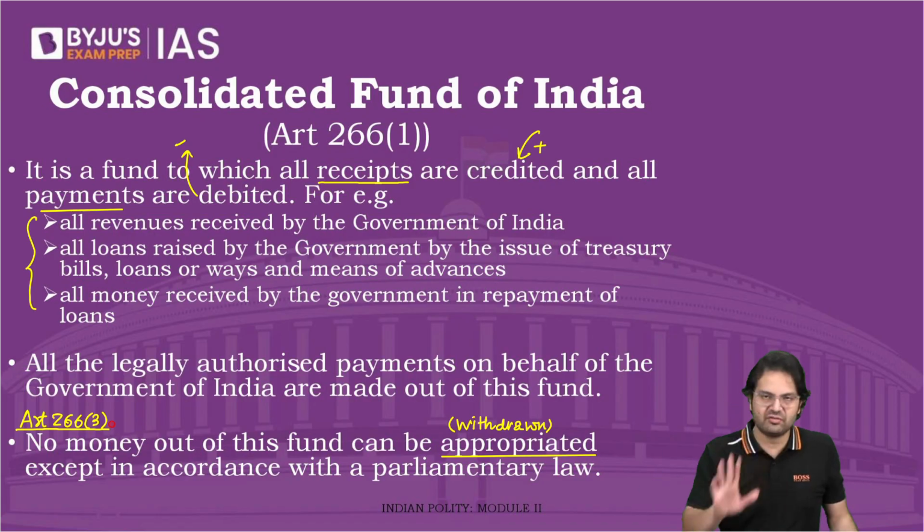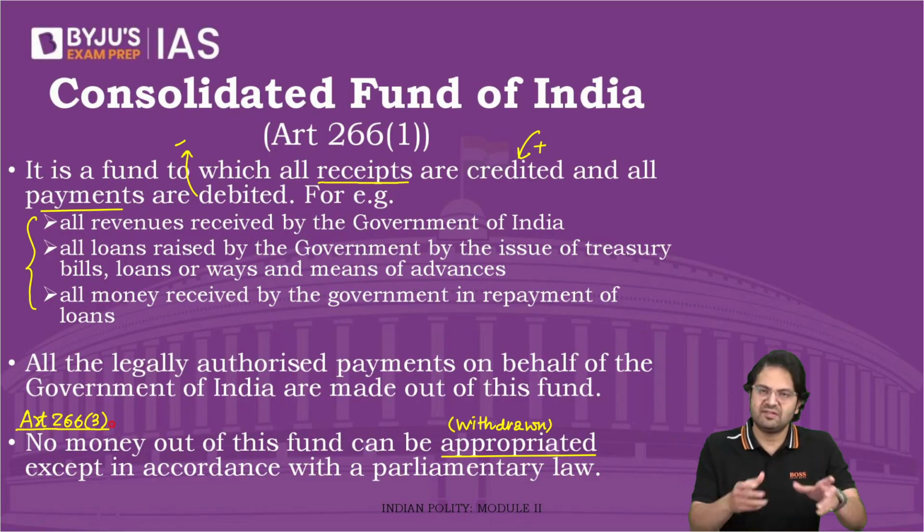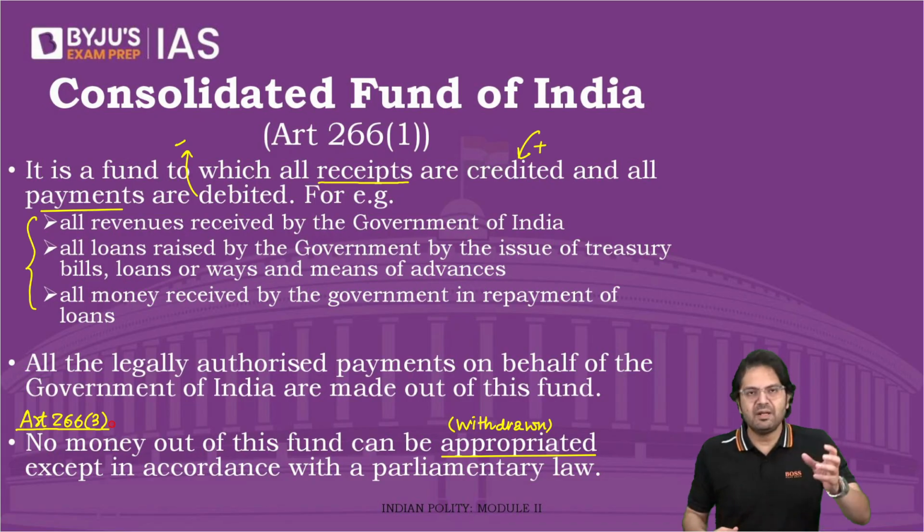For example, if you are a district magistrate and you get money, say to spend on purchasing computers, when you receive the money, you have to keep it in a new account, which is a government account. Don't keep the money in your own account. If you keep government money in your own account, that is called criminal misappropriation. It is an offense under the Prevention of Corruption Act. You can go to jail for up to 7 years.